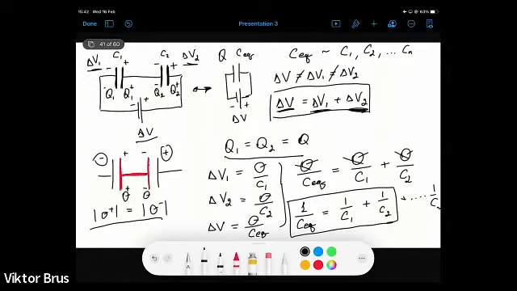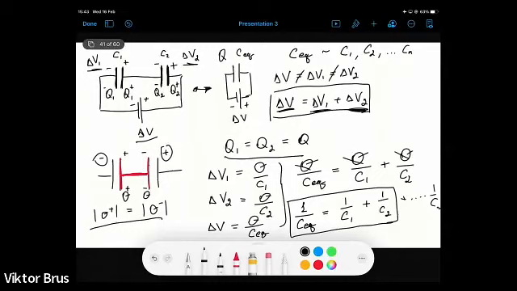So this is the information and explanation why we get these final equations for calculation of equivalent capacitance. And that's quite important because you will deal with this solving many problems. It will be necessary to calculate equivalent capacitance in different cases.